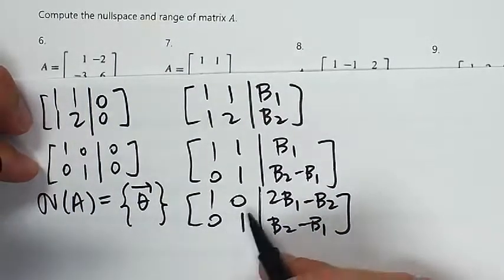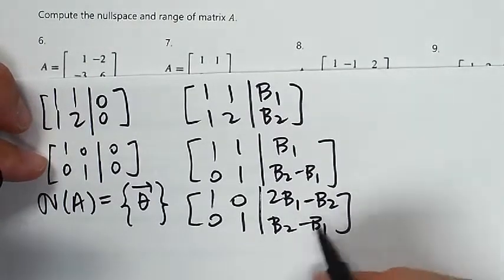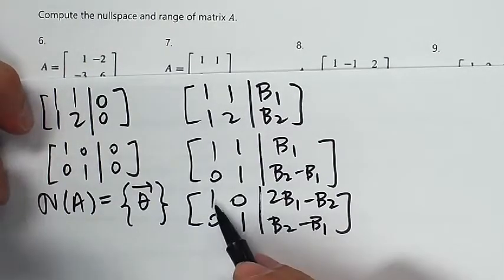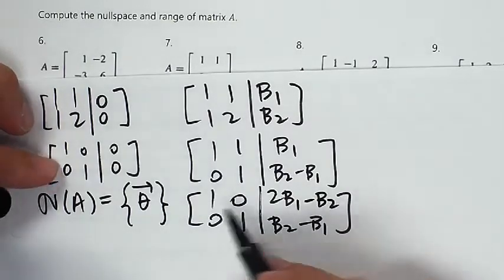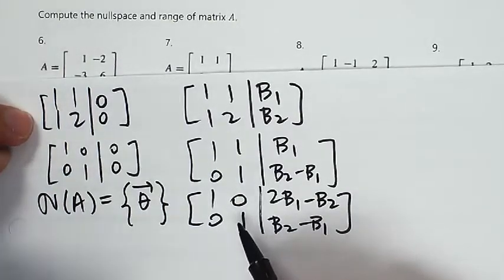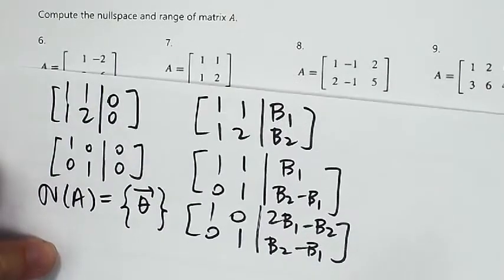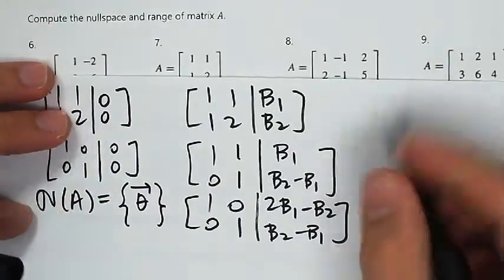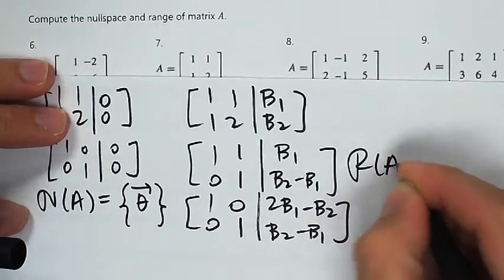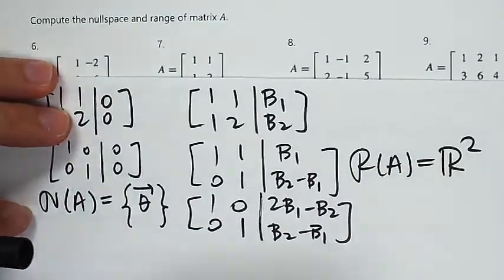But there's no actual restrictions on these; B1 and B2 don't have to equal anything, right? Because they can really be whatever they want. And I'll be able to solve for a number of each of the columns. I need to get any point in R2. So what I'm going to say is that the range of this matrix A is all of R2.